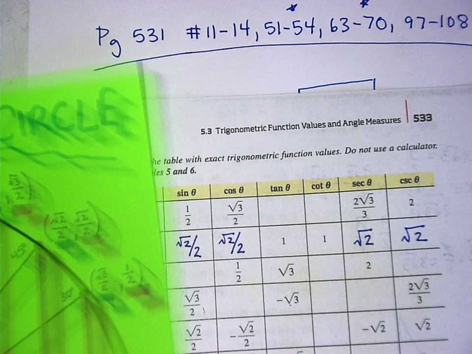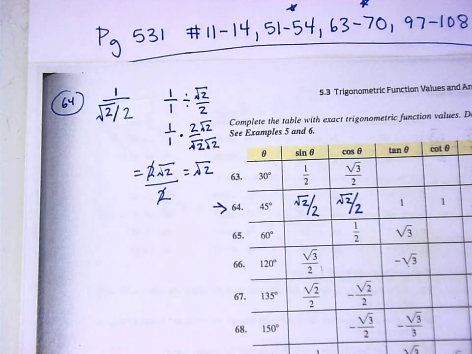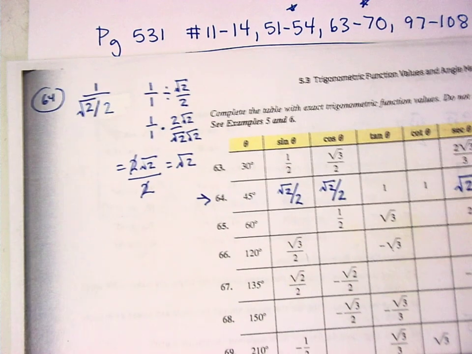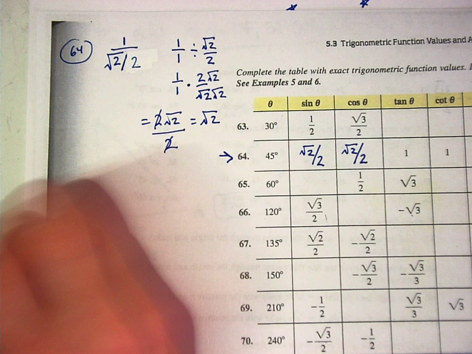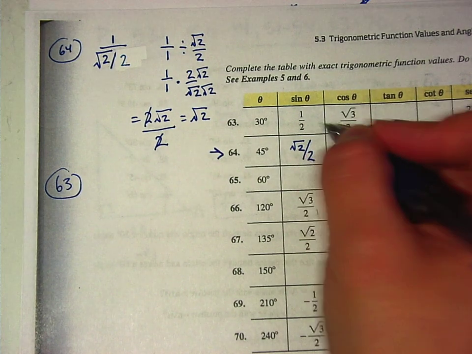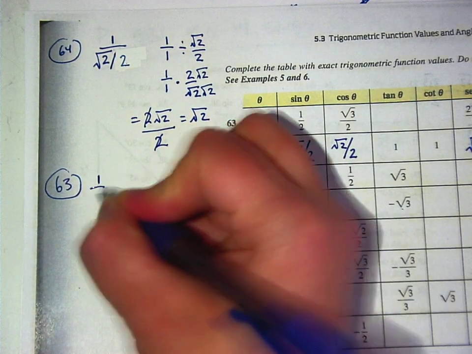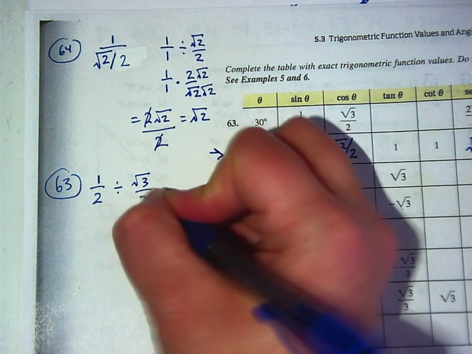All right, what should we do for tangent? Somebody raise their hand with an idea. How can we find out the tangent of 30? Ryan? I would say that tan equals y over x, so it equals the sine over cosine. Okay, so I'm going to take the 1/2 and divide by the cosine, which is the square root of 3 over 2.